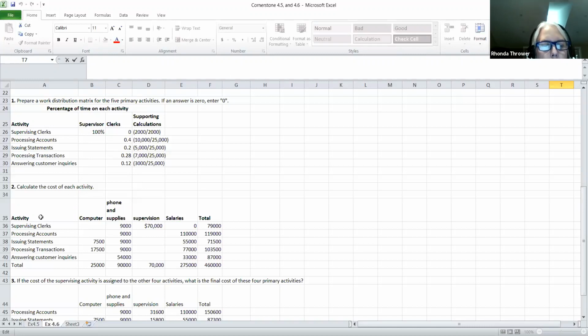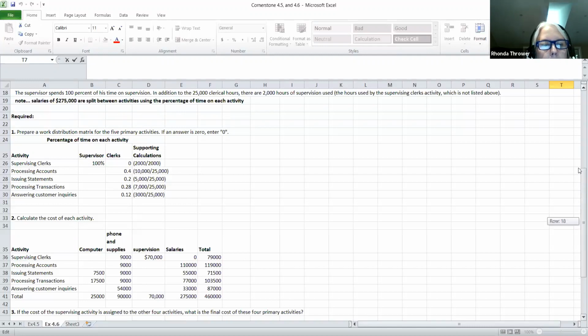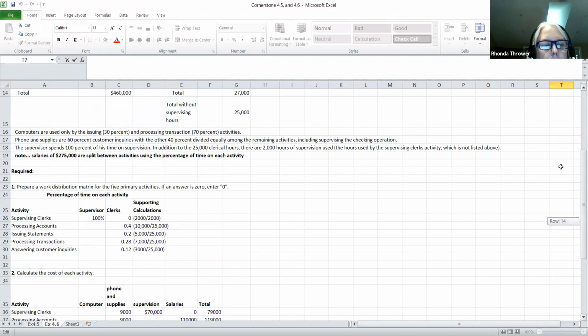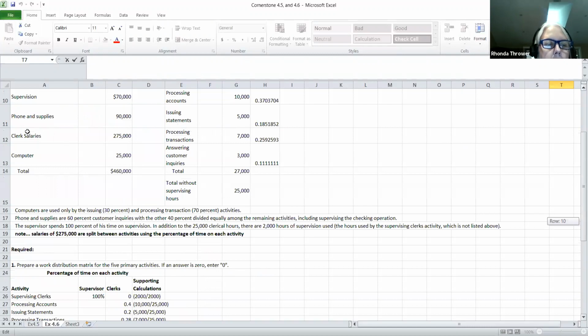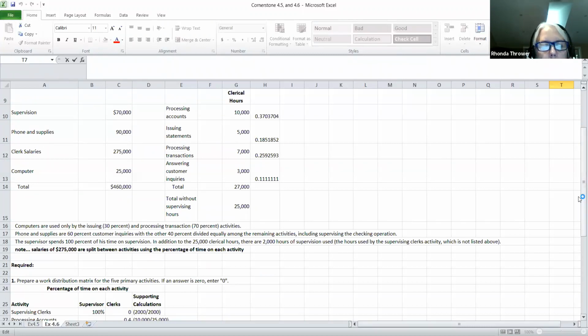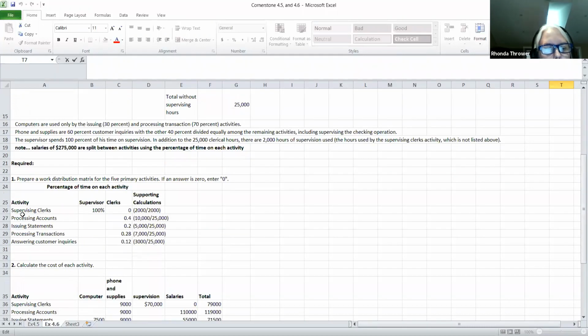So I thought it would be easier to show it to you in a table format. I took each one of the activities, which came from above. We had these 4 activities here, and then I just restated them here.